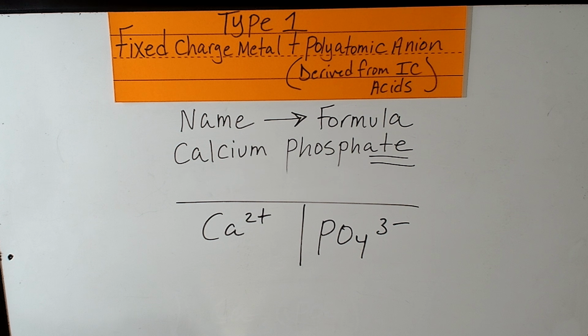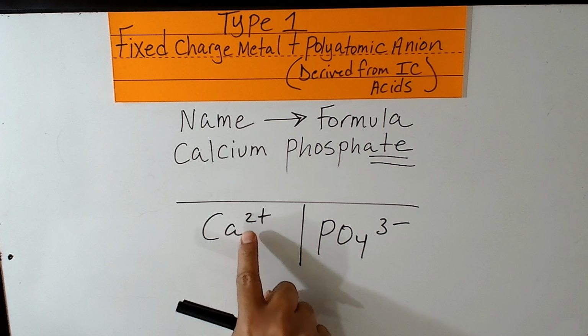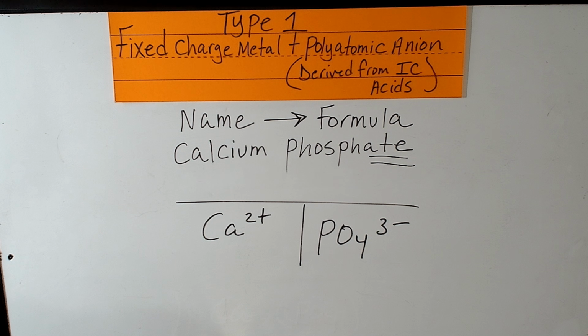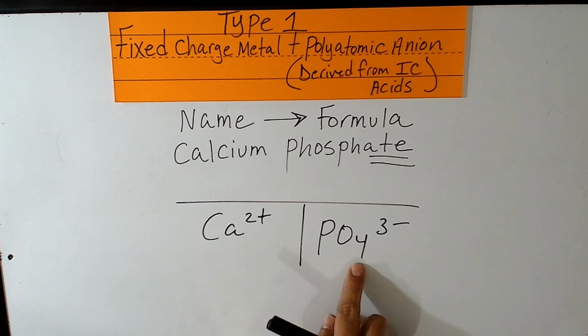Now, we need to cross multiply by transferring only these numbers. And we need to make sure that the total charge of the compound balances to 0. A big warning: the subscript attached to the polyatomic ion does not count toward making the total charge balance to 0.